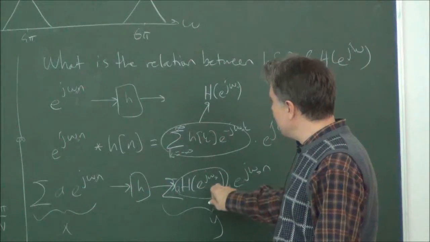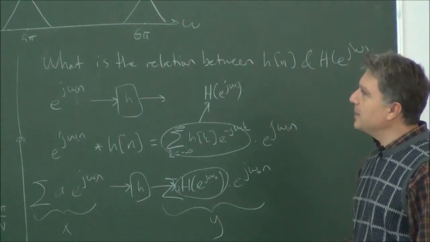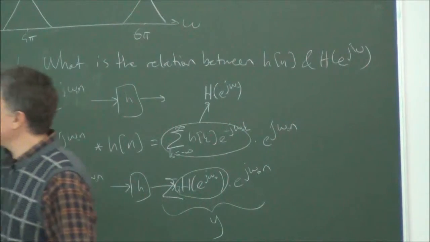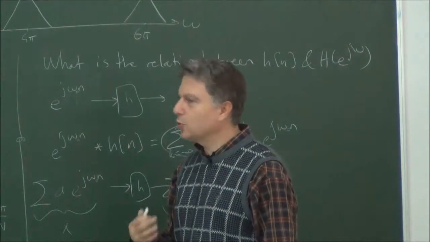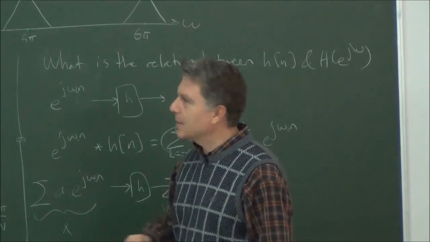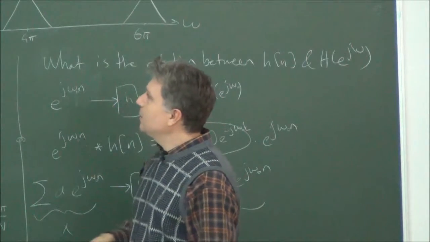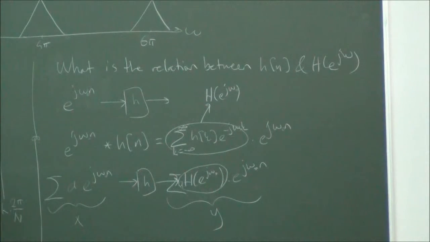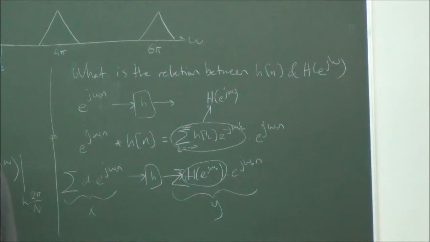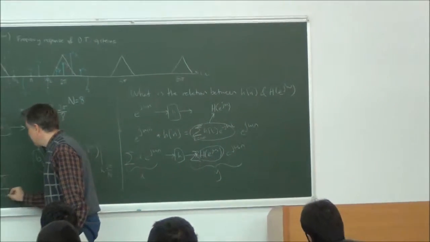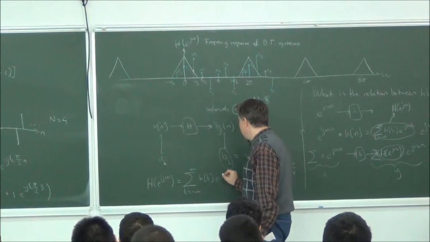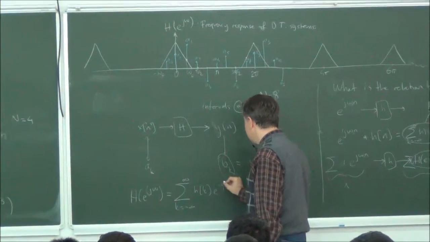So the formula for the frequency response comes from this fact, and let's write it down here and put it inside the box and leave it as the formula to obtain H of e to the j omega, this function, for example, these white triangles, from h[n], which is the impulse response. That is the relation. So H of e to the j omega is the summation over k from minus infinity to infinity of h[k] e to the minus j omega k.